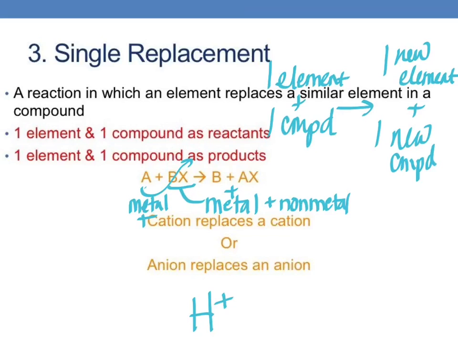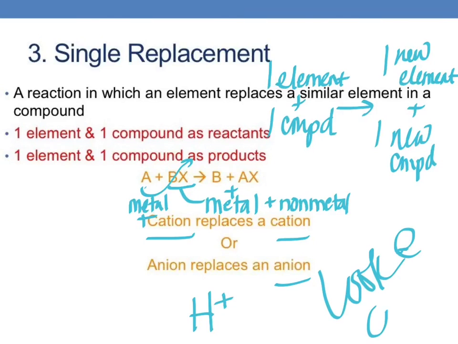So anytime you see element, compound, and on the other side of the arrow you see a different element by itself and a new compound, it is a single replacement reaction. Again, we're dealing with cations and anions, so you have to look at charges to get your new formula.